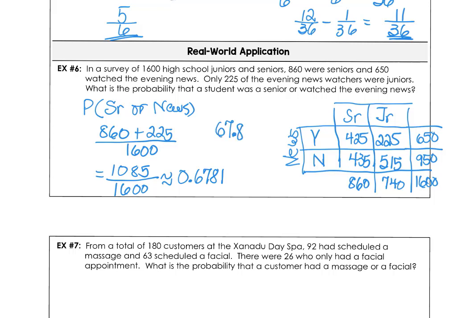So seniors 860, or they watched the news, which would be the 225 juniors. So 860 plus 225 divided by our total would be almost 68%.